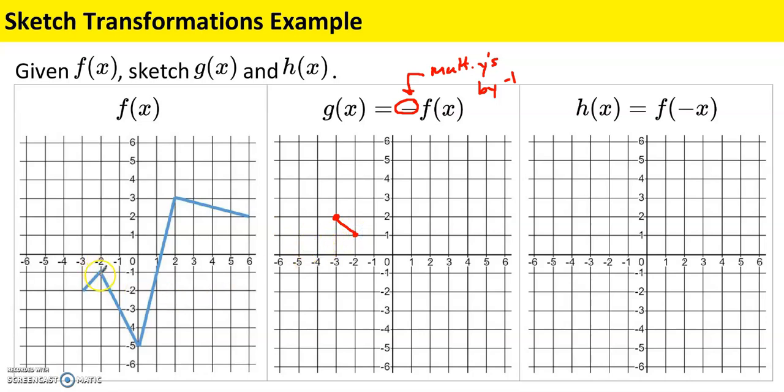We can make our next line segment by going from 0, -5 to 0, +5. Like so. The third line segment in this function f of x goes from 0, -5 to 2, 3. The corresponding point on g of x should be 2, -3, right here.